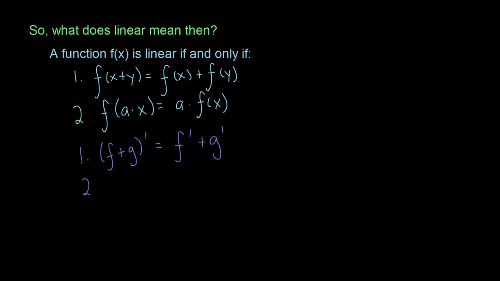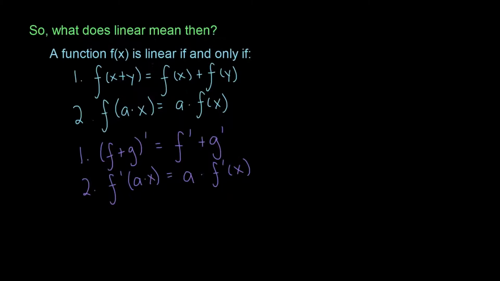And for the other rule, if we take the derivative of some constant, let's say a, times f of x, then this should be the same as taking a and multiplying it by the derivative of f of x.